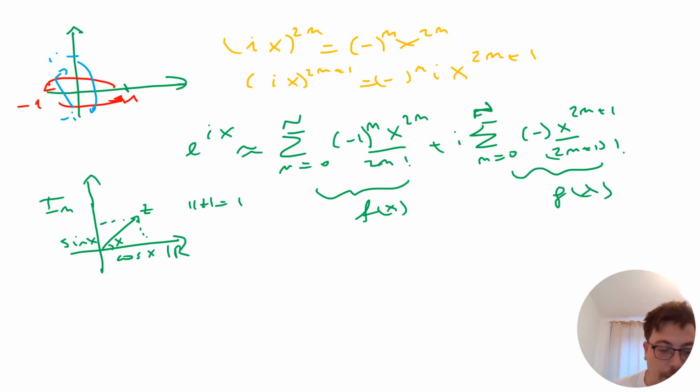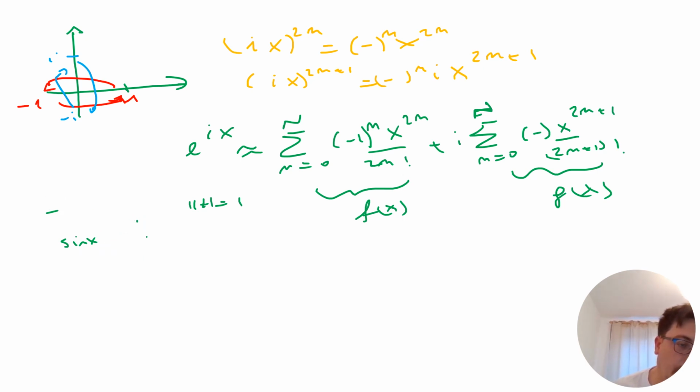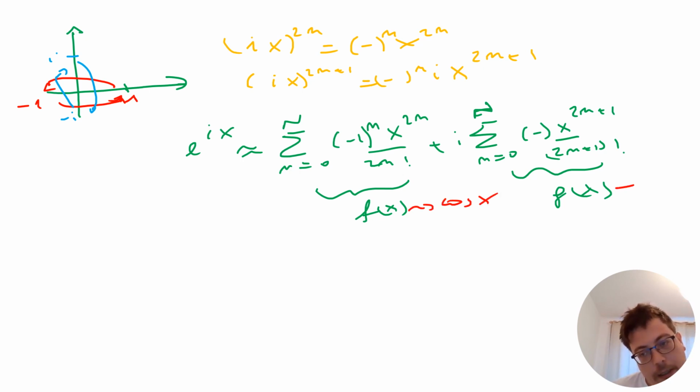But we want to be a bit more specific, and we want to see that this function that I'm computing with the sum up to n can effectively become the cosine of x and the sine of x when n tends to infinity, when n is large.